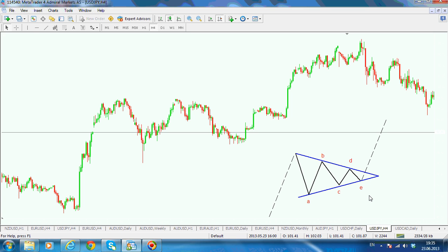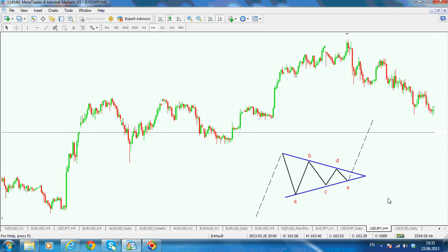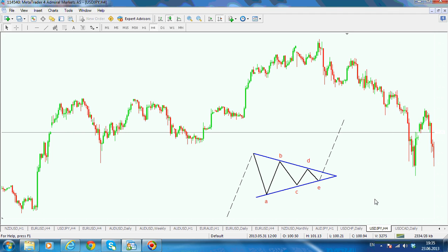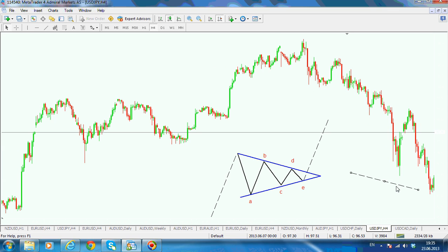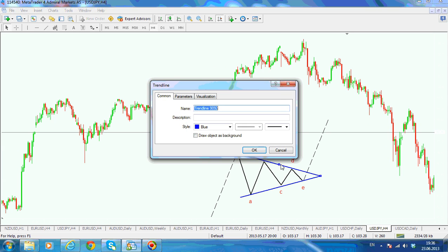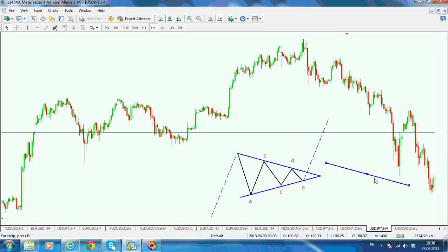But there is also a possibility that such a triangle breaks in the other direction, and that would look something like this. It would be the same pattern. Let me copy this trend line from here to here. So the same pattern, the same triangle, but this time price is coming from the upside and consolidates in such a pattern.